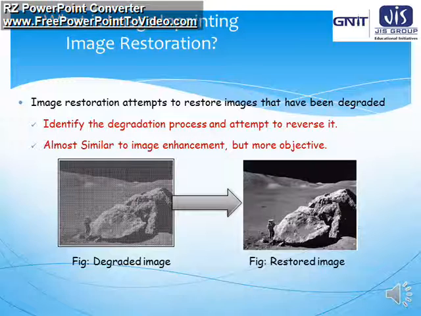It is almost similar to image enhancement technique, but it is not the same as the image enhancement technique. This is more objective, not subjective. So here we are having two images. The input image is the degraded image, and the output image is the restored image from the degraded image. Here we can see the second image or the output image is much more clear than the input one.